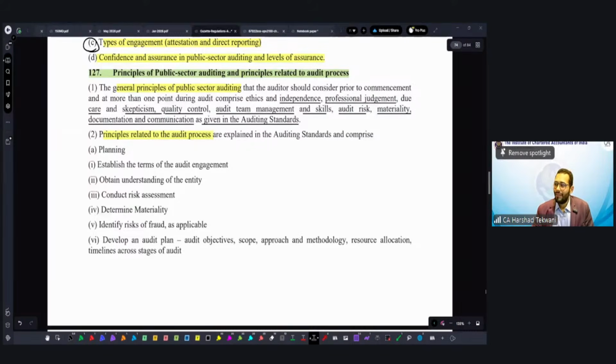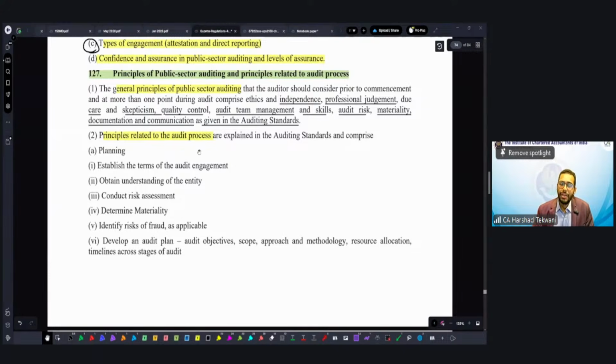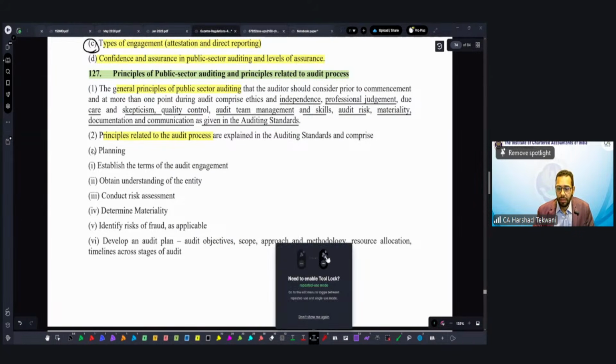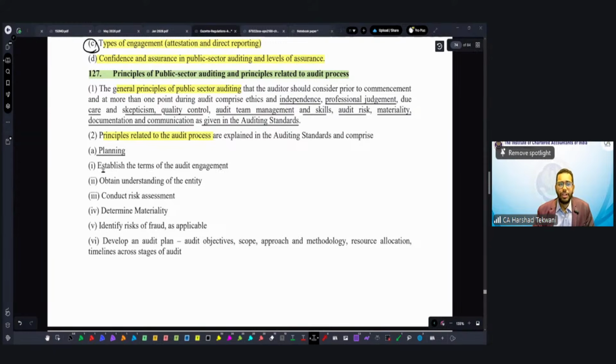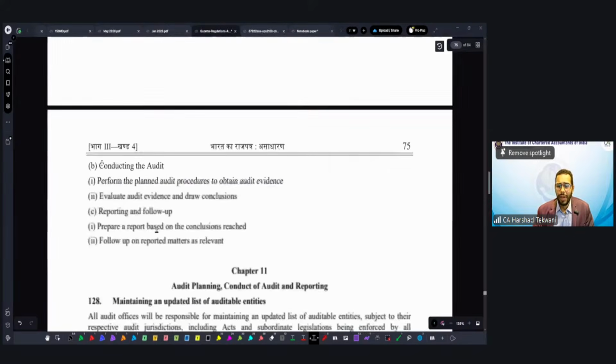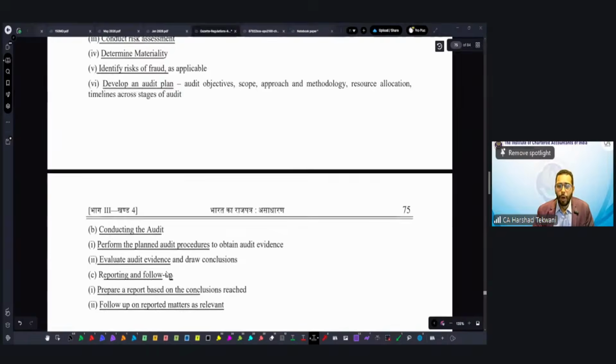But when we talk about principles related to the audit process, this is the same audit process we have seen in the audit, which includes planning, establishment of terms of audit, obtaining understanding of the entity, conducting risk assessment, materiality, identifying risk of fraud, developing an audit plan, conducting the audit, performing the planned audit procedures, evaluating audit evidence, reporting, preparing a report, and follow-up on the reported matters.